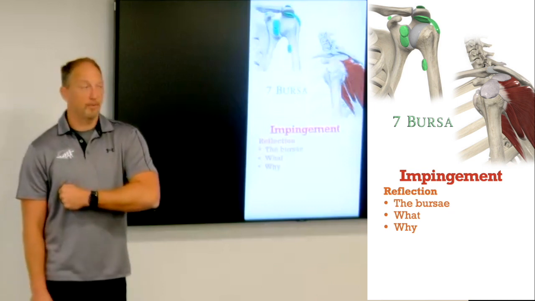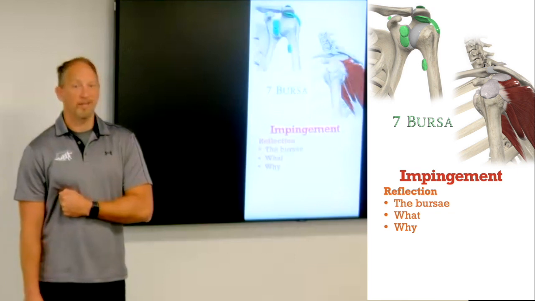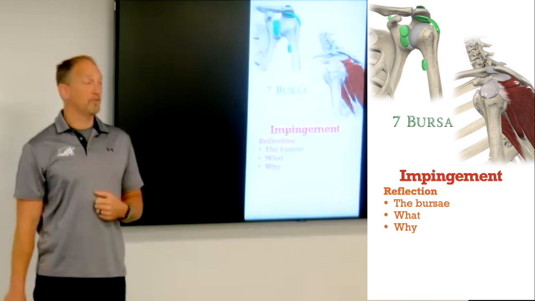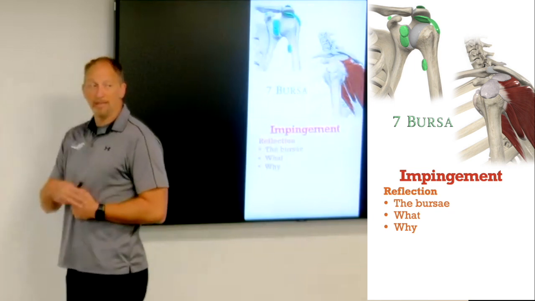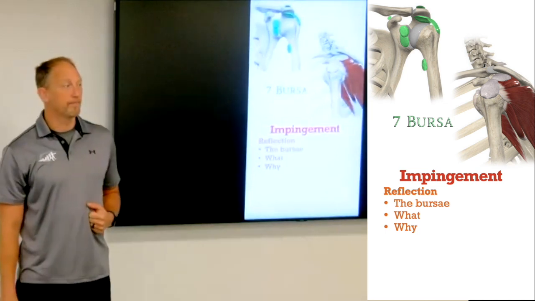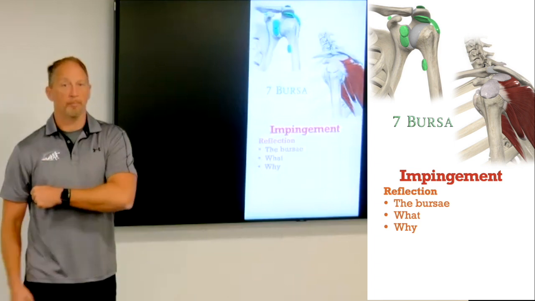If I'm just sitting, do I need to be here? No. So we educate them: if you're sitting down, if you're not doing anything, take the sling out, let that arm sit back here. I want you to spend as much time with your elbow by your ribs or behind your ribs as you possibly can. Now, if you get up, if you're moving around, if you're at school, if you're at work, put your arm back in the sling.